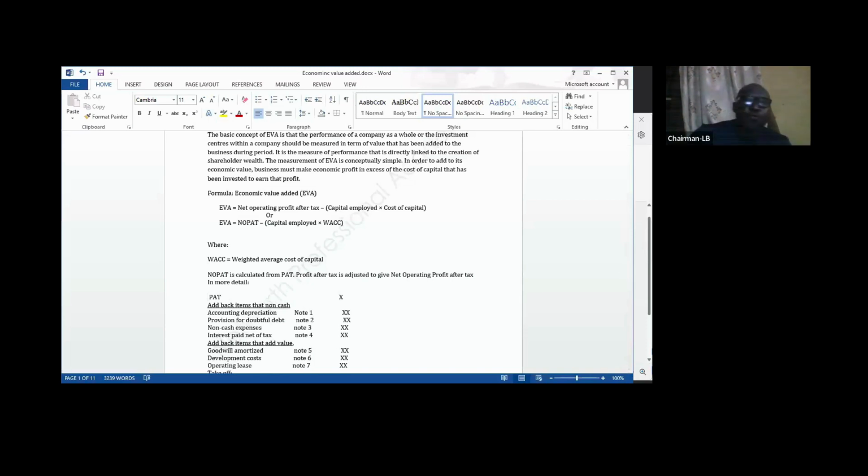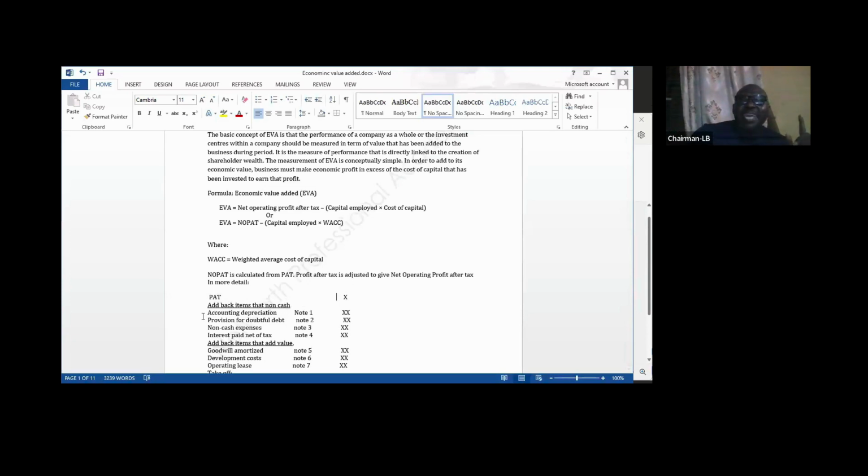You pick from your accounting profits, your profit after tax figure. This is denoted with the letter X. Add back the following items. Add back non-cash items.